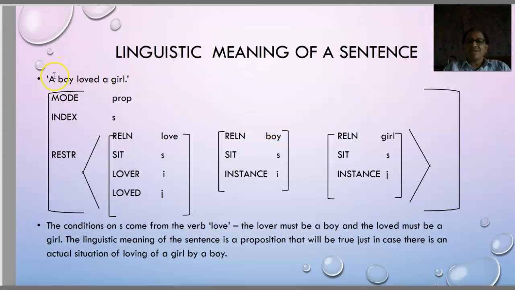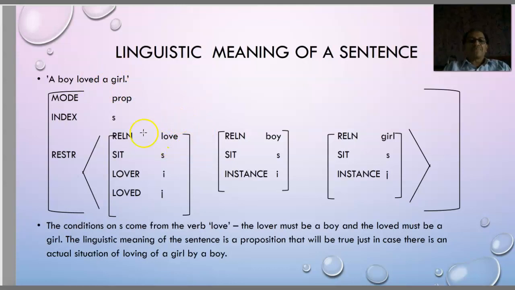A boy consists of two daughters, a determiner daughter and a nominal daughter. The nominal daughter has boy, the head daughter, and boy's value is given to the NP a boy. Similarly, the features of girl will be specified to the phrase a girl.